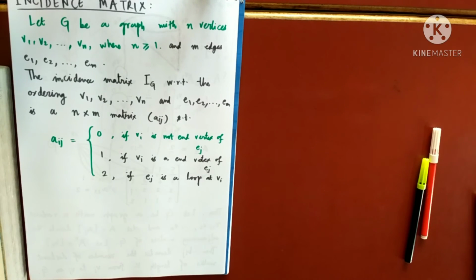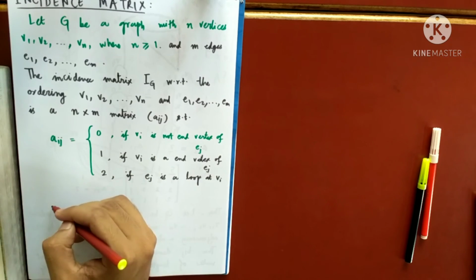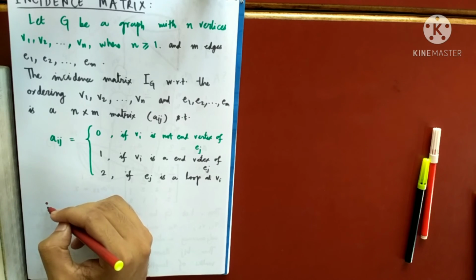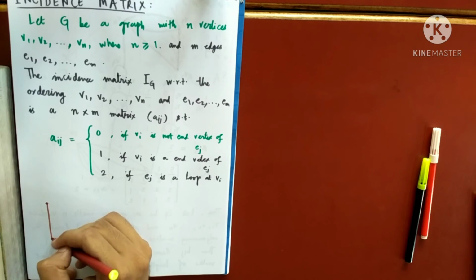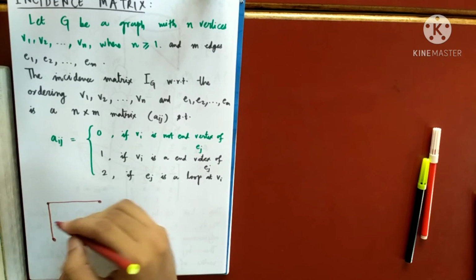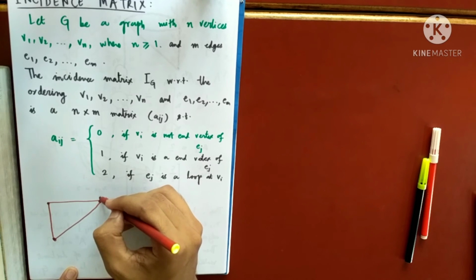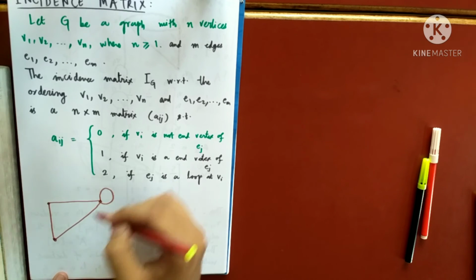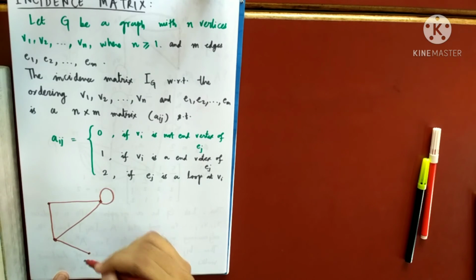Let me give you an example of the incidence matrix. Look at this example and you will understand. Let me very quickly draw the graph. Suppose I have this graph.